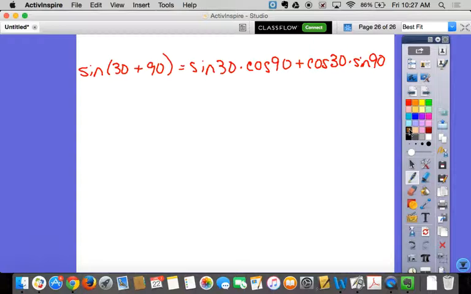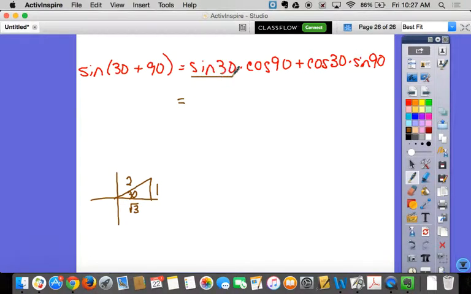So you've got a couple of different ways of working it out. I probably wouldn't use my calculator. I would do it with straight up stuff. So think about it. 30 degrees: 1, 2, square root of 3. Sine of that is 1 over 2.